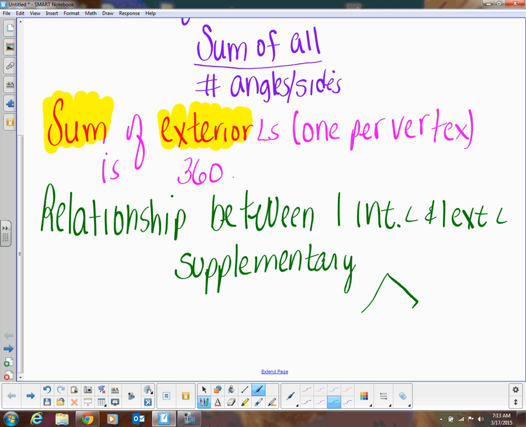So if you have this polygon, this relationship is 180. So if I give you one inside angle, can you give me the outside angle? Yes, no? You need to know these. This is the first part of your test.